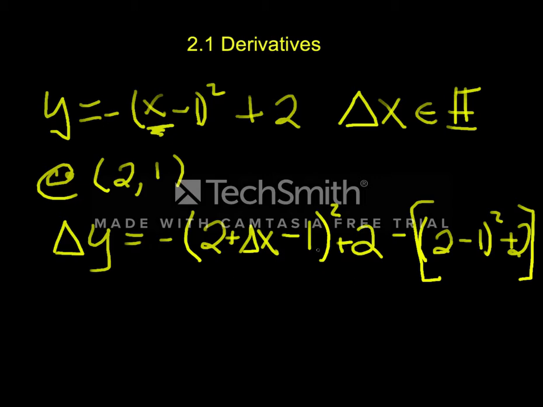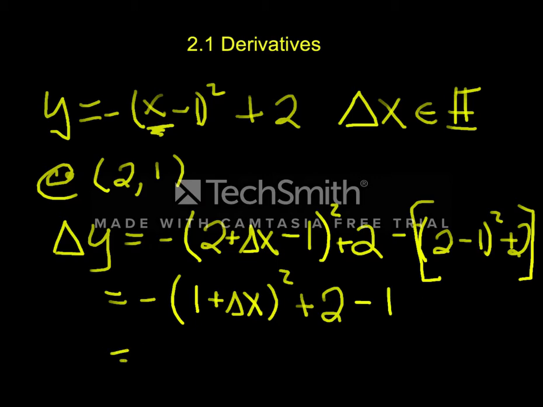So working this out algebraically, we see that this is equal to negative, the 2 and the 1 become a 1, plus delta x quantity squared plus 2. And then here we have 2 minus 1, which is 1. There's a negative in front of there. So that's 1 squared, minus 1, so that becomes minus 1.